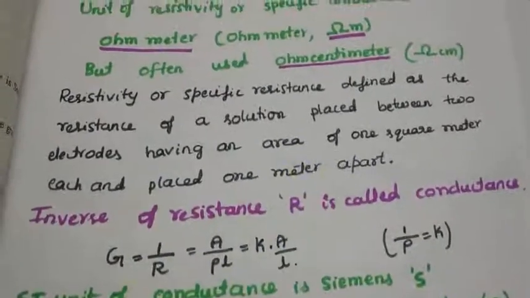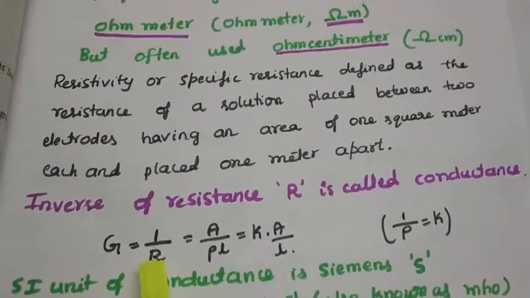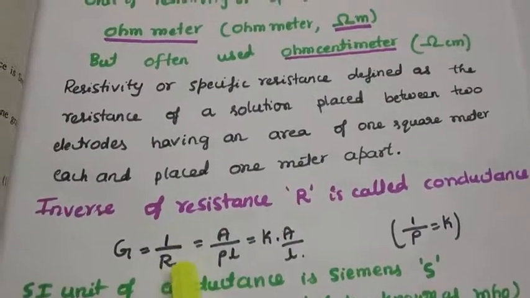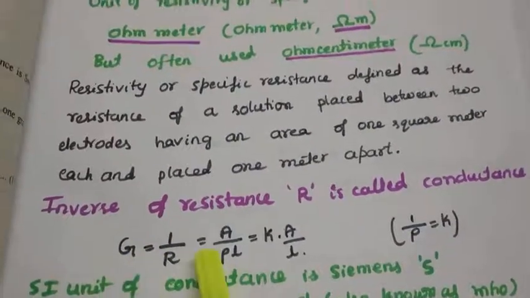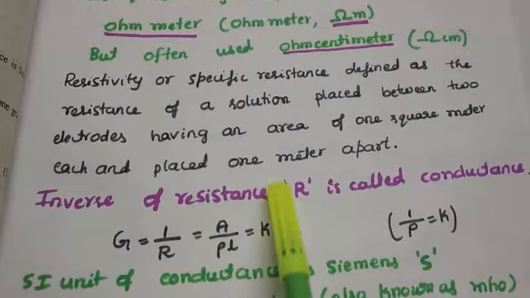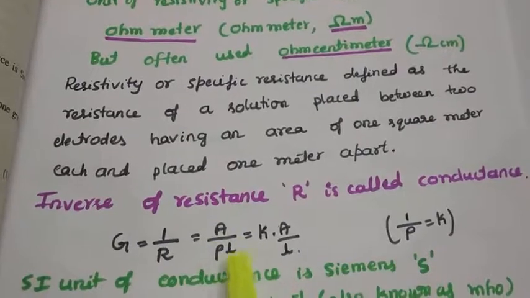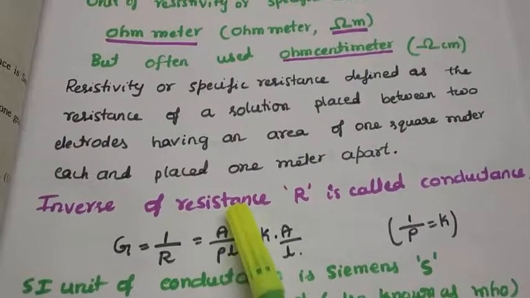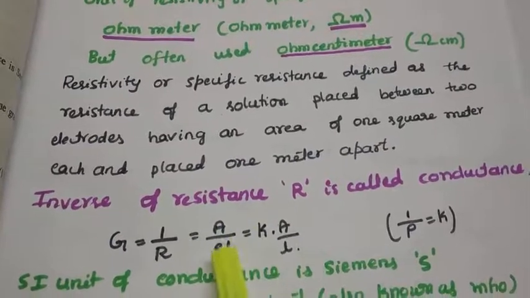It is expressed as G, which represents conductance, equal to 1 by R. We know the formula R equals rho into L by A. If you substitute here, the A in the denominator will move to the numerator. So G equals A by rho into L.